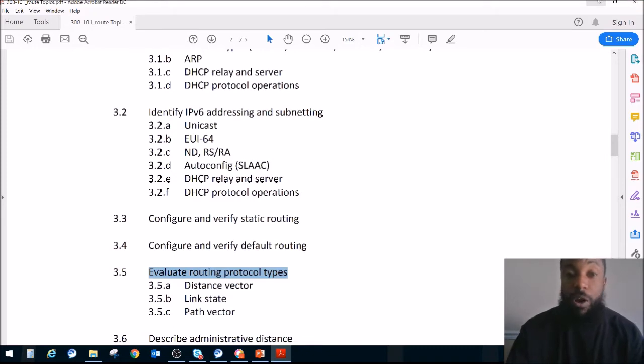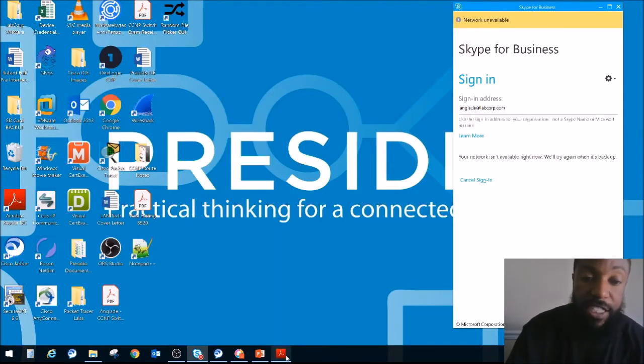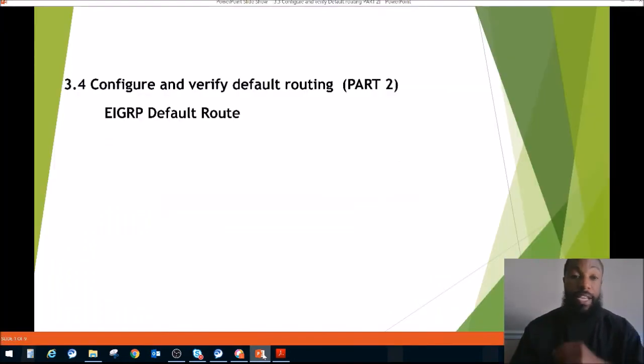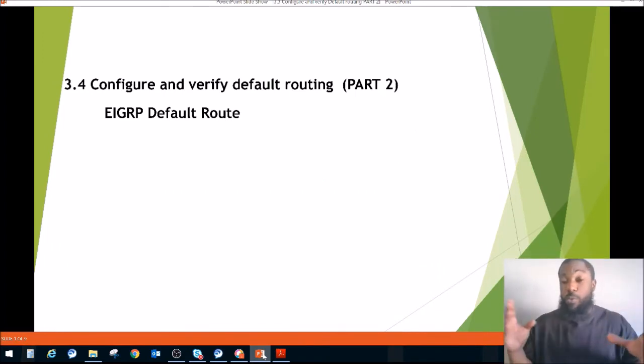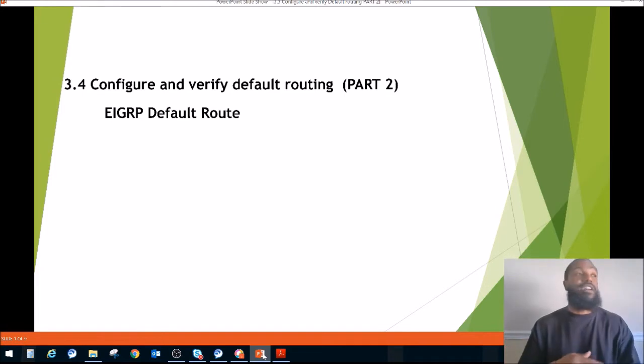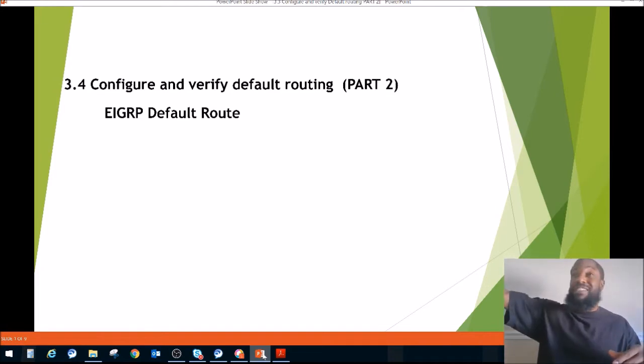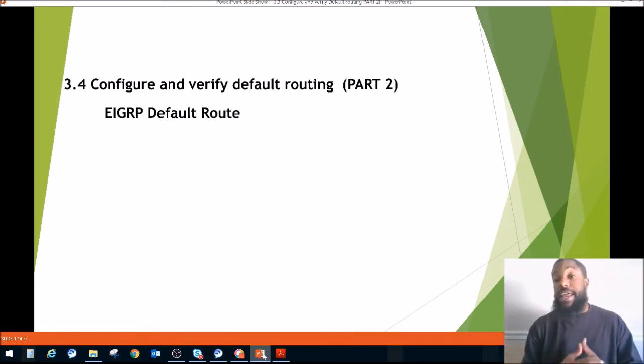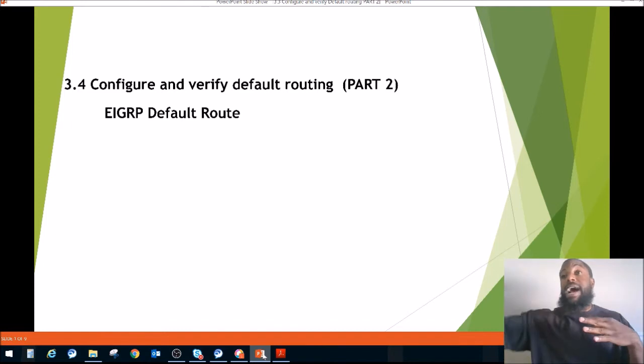So we talked about default routing, obviously, in the last video, and what it is. A default route is basically when, in your neighborhood, we always compare our networks to roads and stuff like that. You need to get to a specific city that is a remote city, another city where you're not at, but you don't know how to get there. You just know how to get out of your neighborhood.